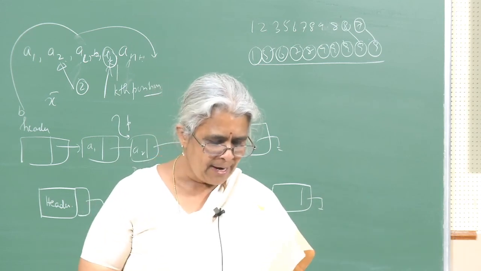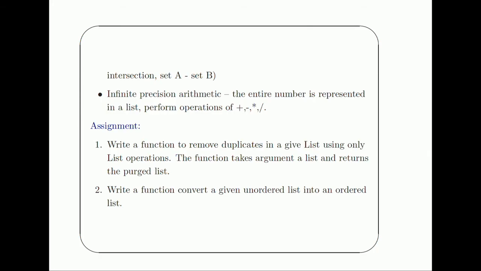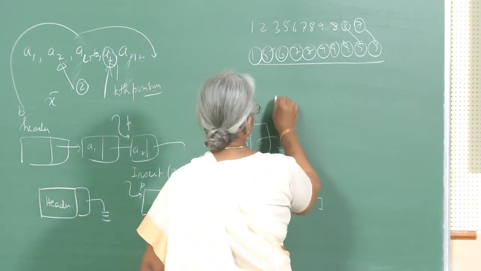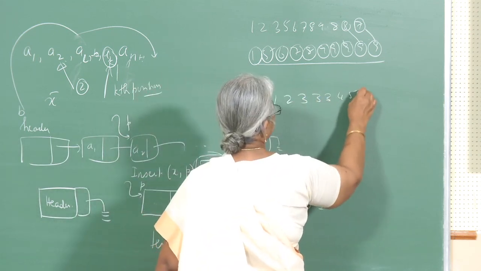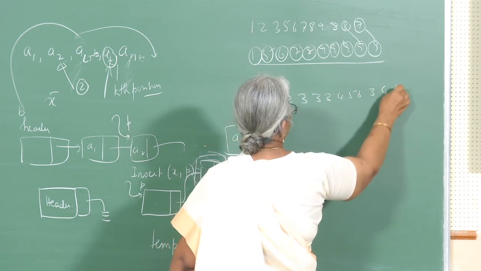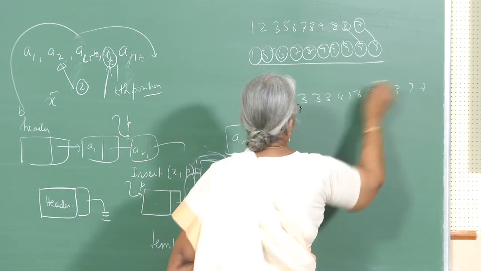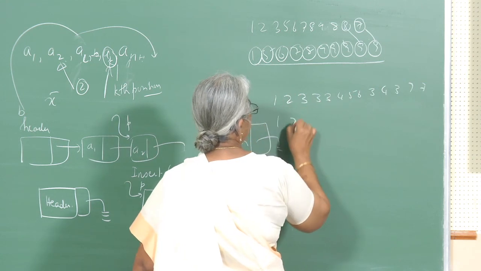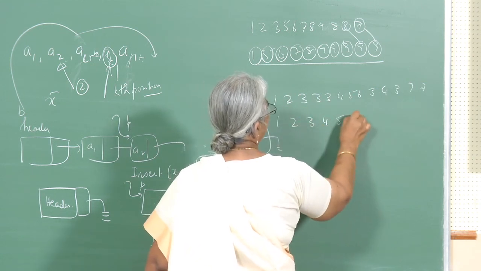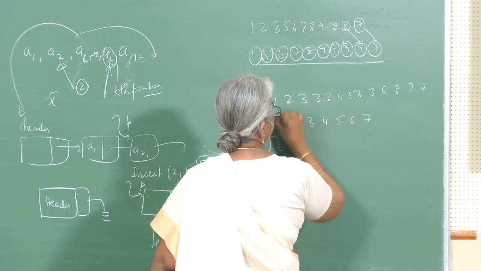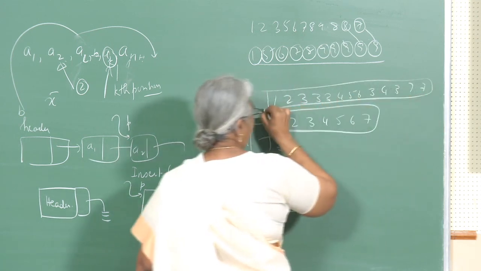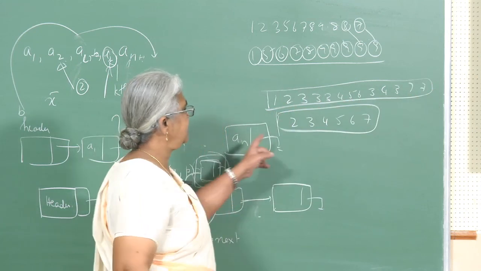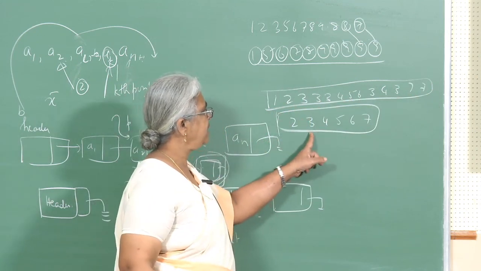Okay. And another thing is, suppose I have a list with something like this. There is already a list of this kind. I want you to remove all the duplicates and give me a list of this. That is, this is the existing list that I have, and notice that you do not have access to the way the list has been represented.